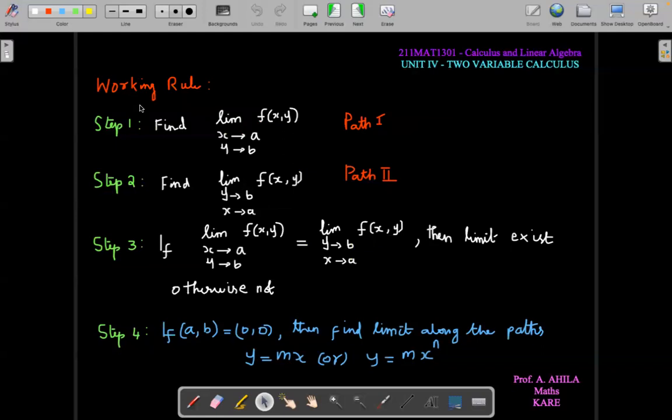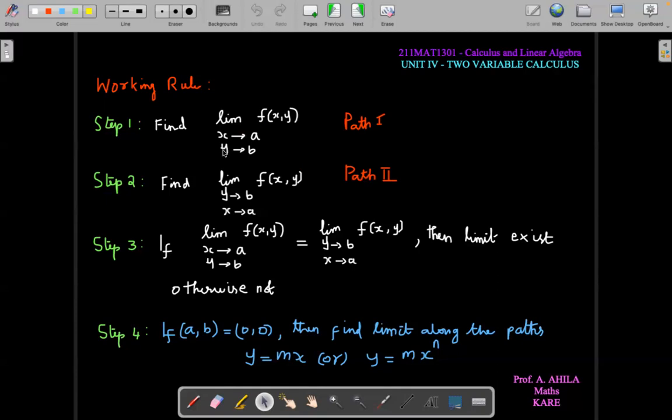So there is a working rule for the problem. See step 1, we consider the limit along path 1. Path 1 means from x comma y to a comma b. So limit x tends to a, y tends to b, f of x y. We need to find this limit. Step 2, along path 2, that is, we find the limit with the order changed: y tends to b, then x tends to a, f of x y.